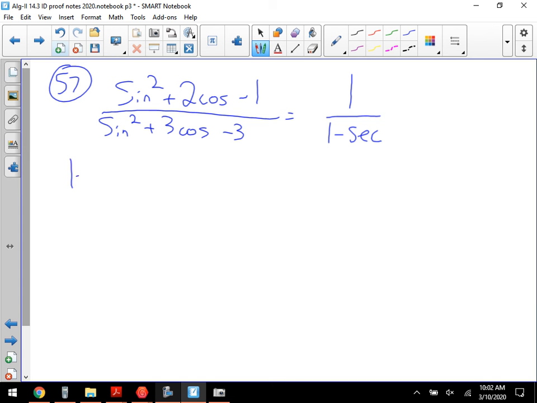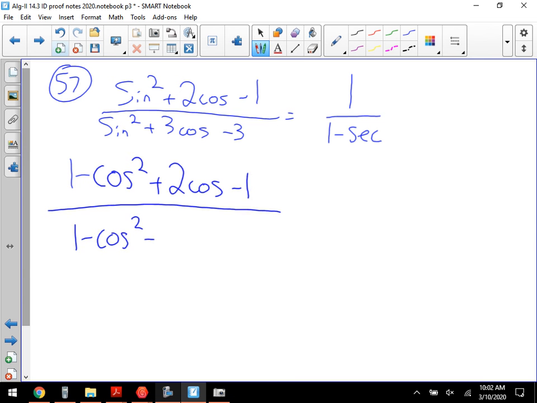So you have 1 minus cosine squared, I'm sorry, plus 2 cosine minus 1. The same thing in the bottom: 1 minus cosine squared plus 3 cosine minus 3. Okay? Combine like terms.